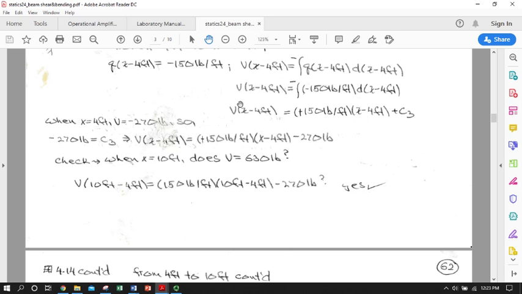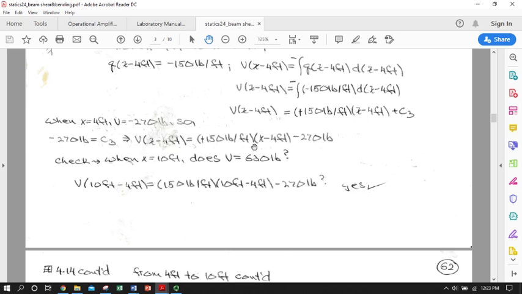That also tells me I am safe to use this expression, with my constant solved, and integrate it to get moment. So just to back up a little bit to take a look at what our shear expression looked like. This time, rather than having a constant internal shear force over the section from 4 feet to 10 feet, I had a linearly increasing shear force.